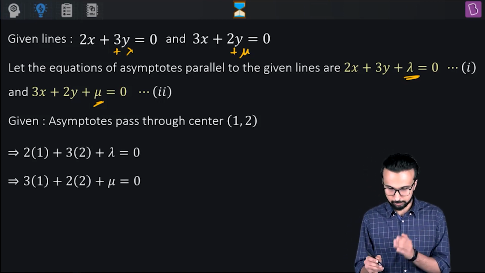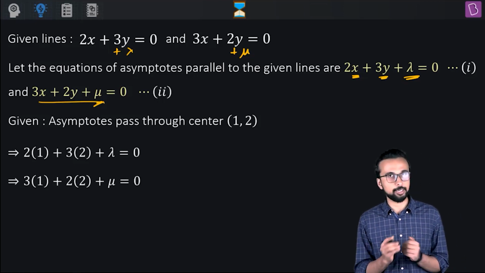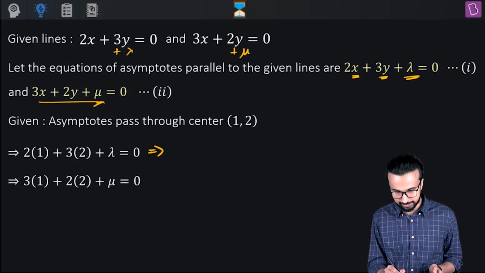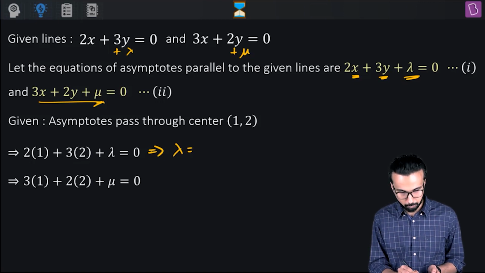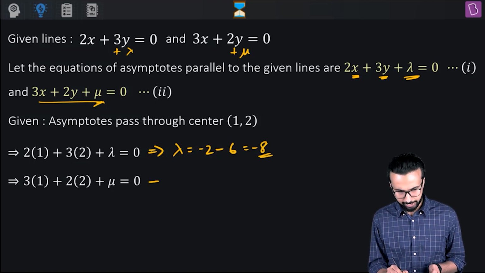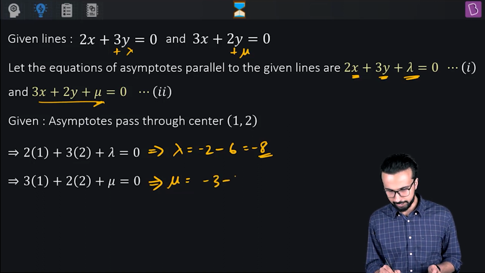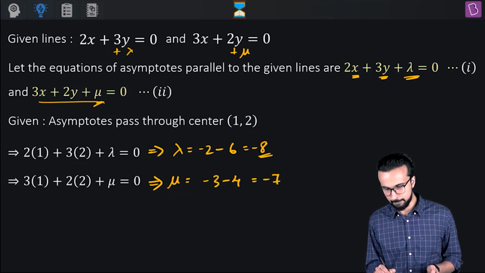So this is what I did. x became 1, y became 2 for both these equations. Now from this I can say that lambda will be equal to minus 2 minus 6, which is minus 8. And then mu becomes minus 3 minus 4, which is minus 7.